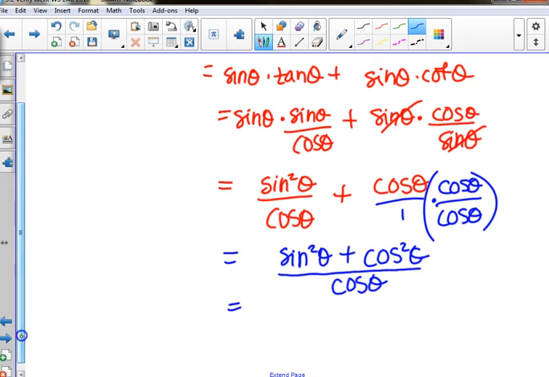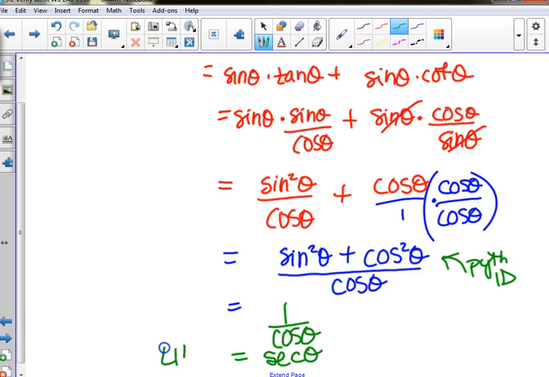And then I think we're about done, right? This is a Pythagorean identity. One over cosine, which is secant, which is the left-hand side of there somewhere, right?